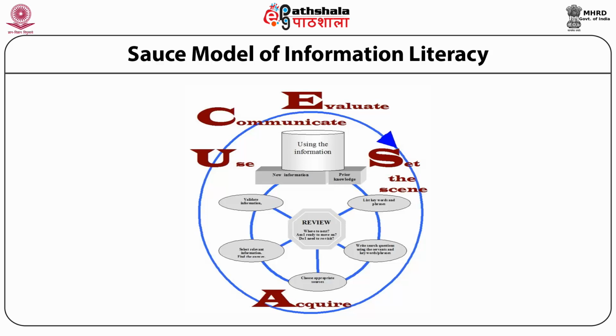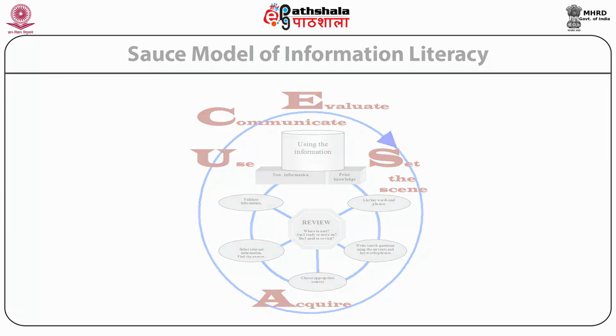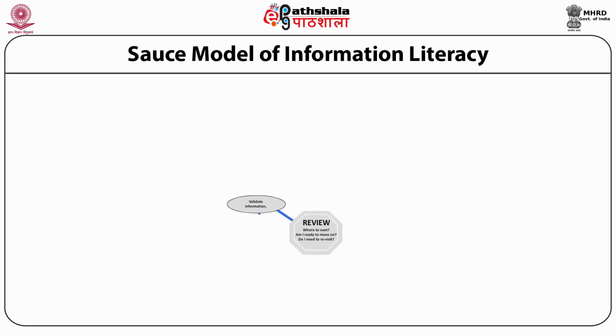This stage of the SOS model involves several steps, mainly define keywords and phrases, write search questions, choose appropriate sources, select relevant information, validate information, and assess and review progress. And the third step is use.